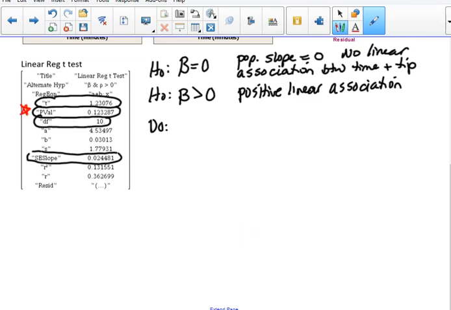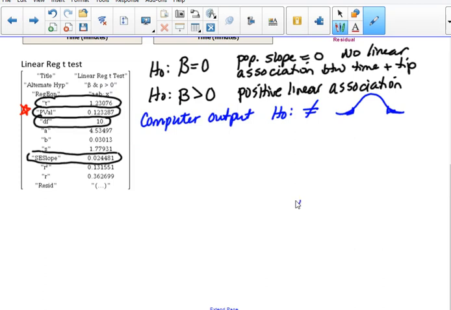Well, it turns out, I'm going to go ahead and write a little note about the p-value here. On computer output, we are always doing a not equal to test, which means that we are looking at a p-value in both tails. Remember, that's called a two-tailed test. So we have a p-value twice as big as it would be if we're doing a one-tailed test. This is just a greater than test.